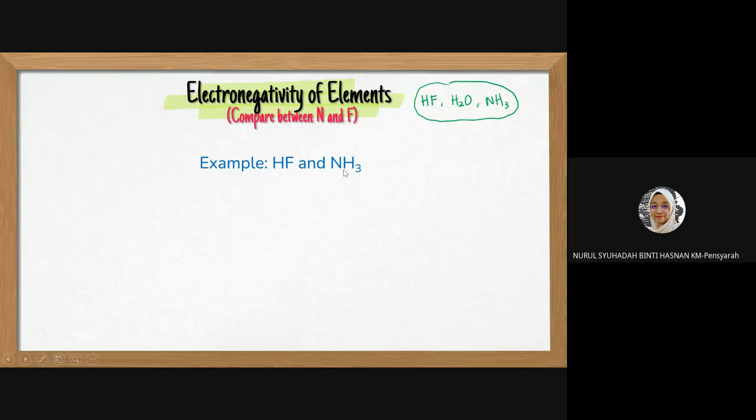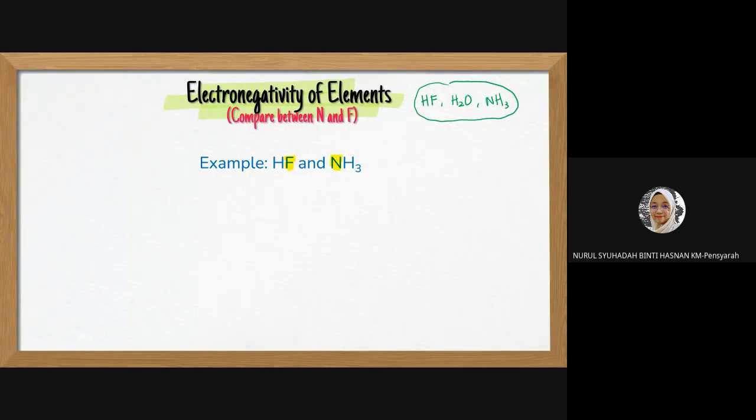Jadi untuk HF dengan NH3 dekat sini, for the electronegativity, we look on the atom fluorine and the atom nitrogen. Antara fluorine dengan nitrogen, which atom is more electronegative? Fluorine.